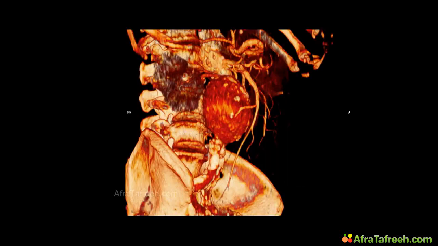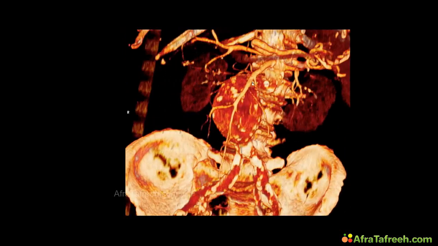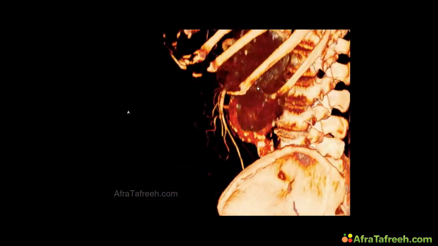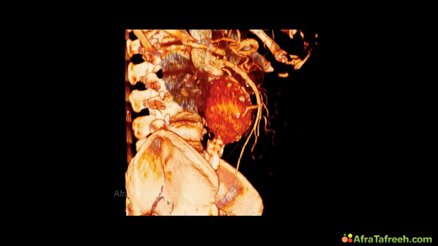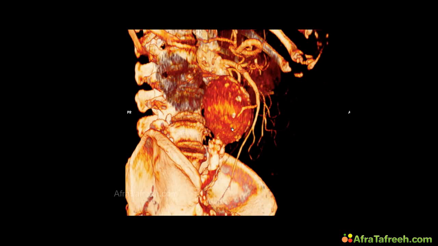And so a CT was performed, and you can easily see this great aneurysm, more than 7 centimeters in diameter, and at risk of rupture. So an endovascular repair had to be done.